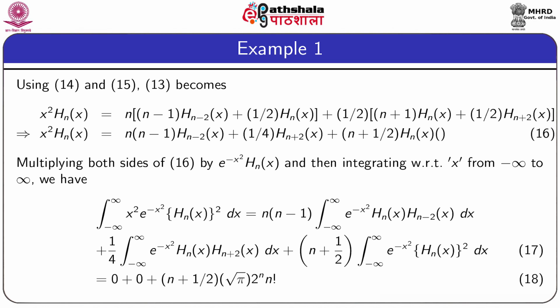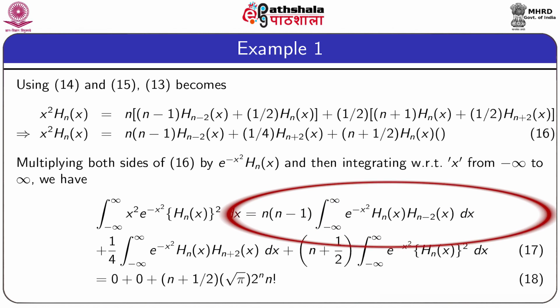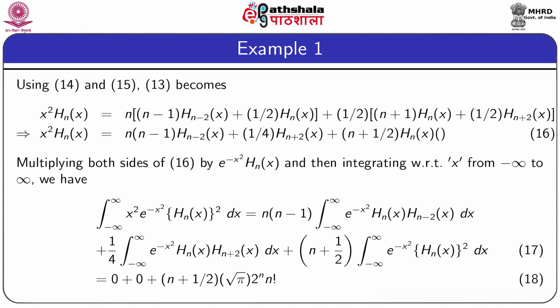And as you do that, you will be getting integration minus infinity to plus infinity x square e to the power minus x square H_n(x) whole square dx is equal to n into n minus 1 integration minus infinity to plus infinity e to the power minus x square H_n(x) H_{n-2}(x) dx plus 1/4 integration minus infinity to plus infinity e to the power minus x square H_n(x) H_{n+2}(x) dx plus n plus half into integration minus infinity to plus infinity e to the power minus x square H_n(x) whole square dx, given by equation 17.